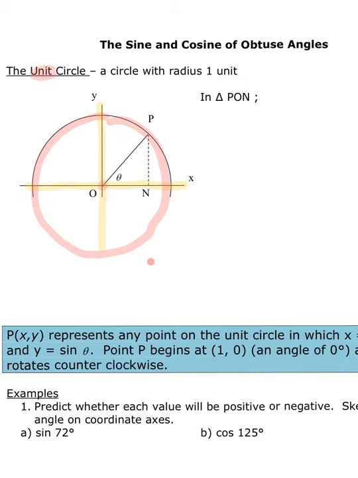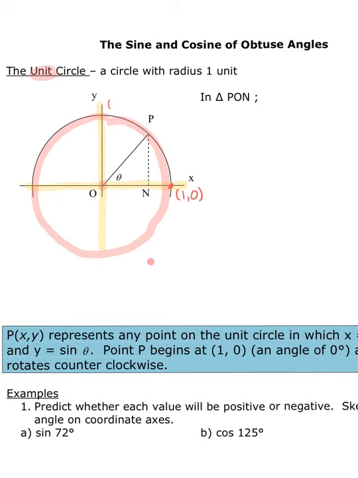Because this is a unit circle with radius 1, we actually will know the coordinates of where the circle meets each of the axes. So along the positive x-axis, we've gone over to the right 1, and we've not gone up or down because we're on the axis. So this point has a coordinate when x is 1 and y is 0. And then going to the positive y-axis, we have not gone left or right, so x is 0, but we've gone up 1 because it has a radius of 1 on this circle.